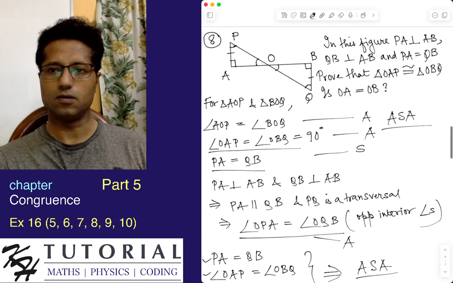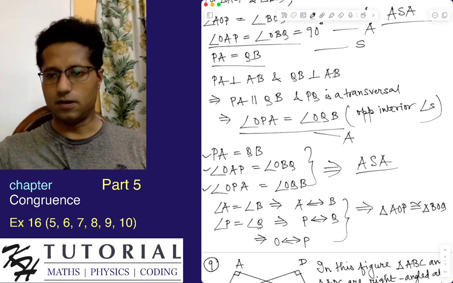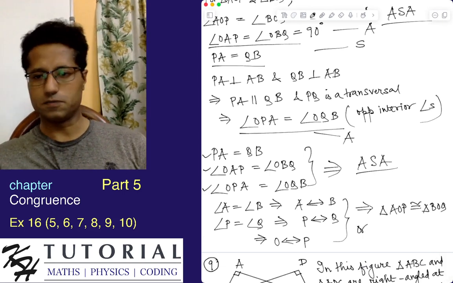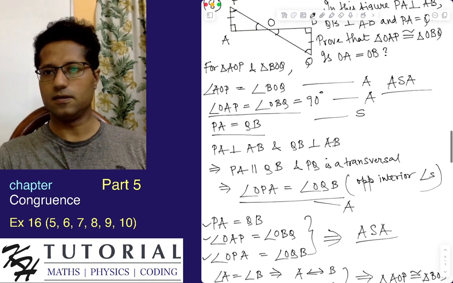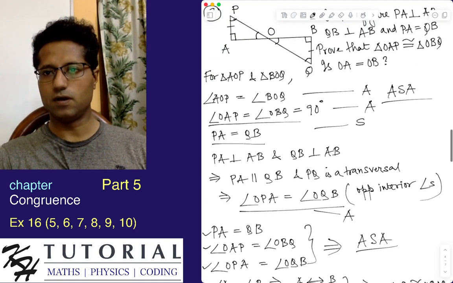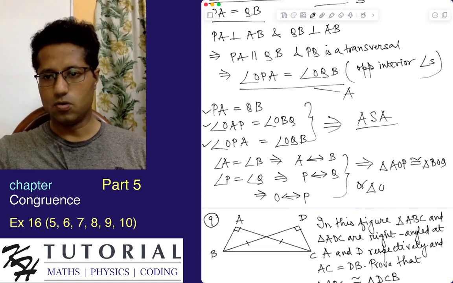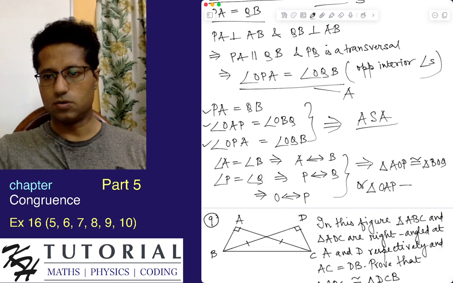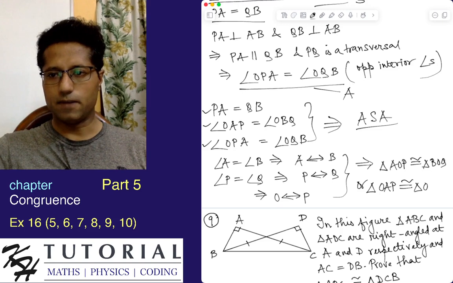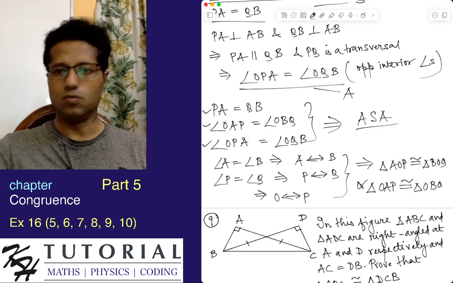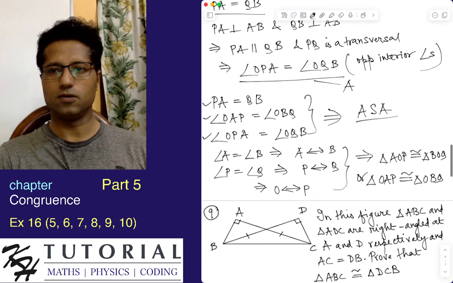Since it has asked to prove OAP, I can also say triangle OAP is congruent to triangle OBQ, with A mapped to B and P mapped to Q. So this is what it has asked to prove.